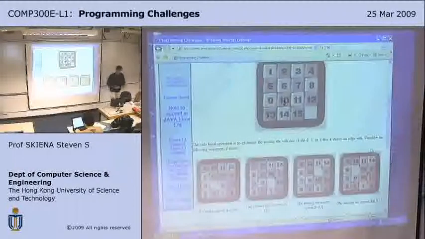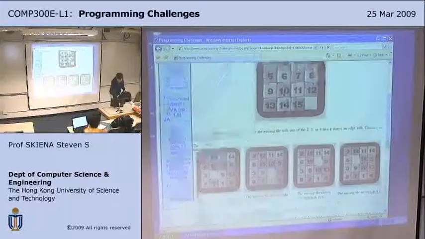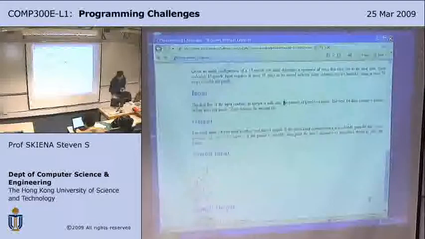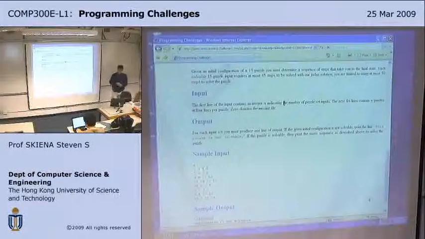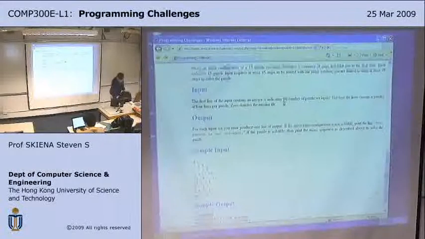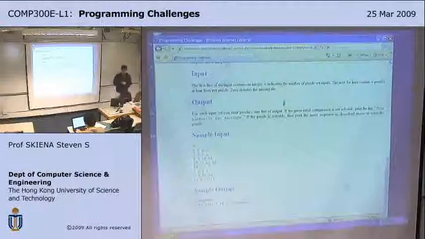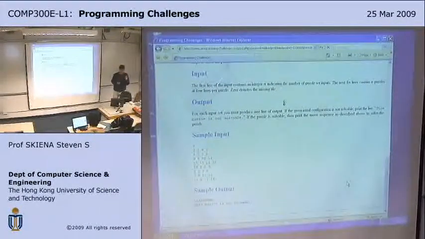And it asks you, given an input configuration, what is a short sequence of moves to solve it? Any questions about it? It doesn't ask for the shortest, but it asks for one that is not that long. Is that right?